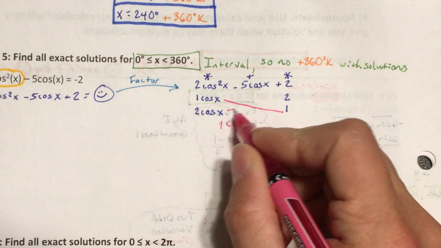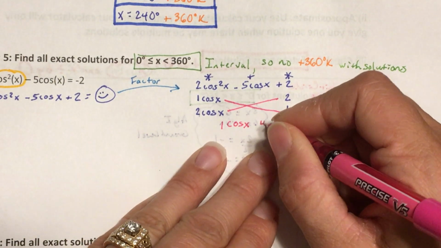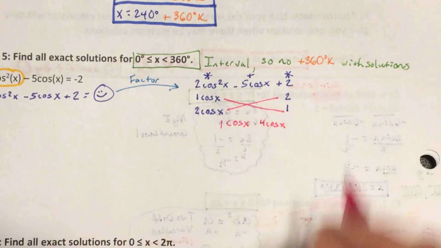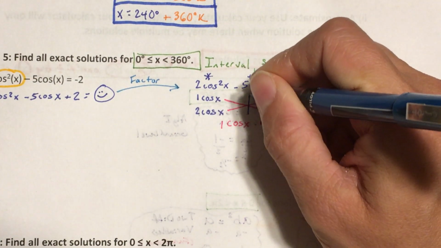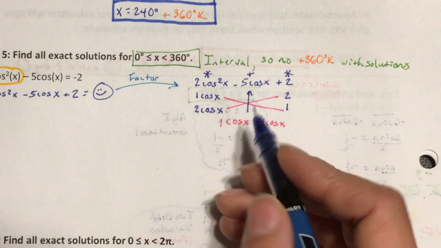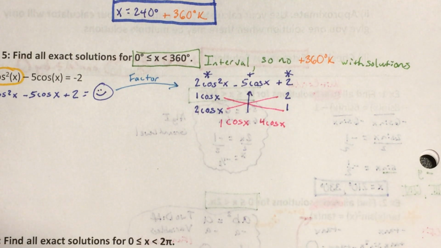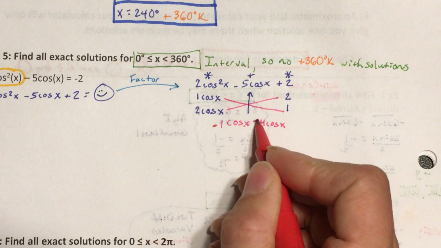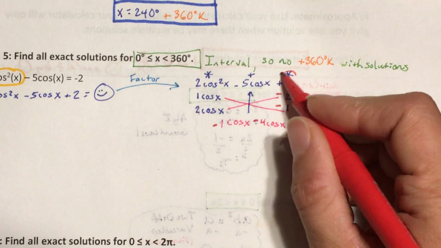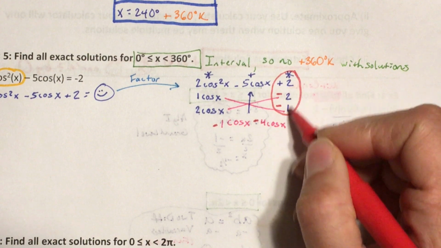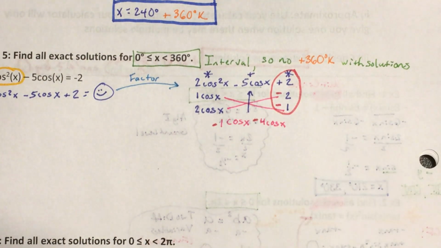And then 2 cosine x times 2 is 4 cosine x. So if I need this to give me a sum of negative 5 cosine, we're going to have to adjust both of these signs to be negative, making sure that when we adjust those signs, they are giving me the correct product. Negative 2 times negative 1 is indeed a positive 2.